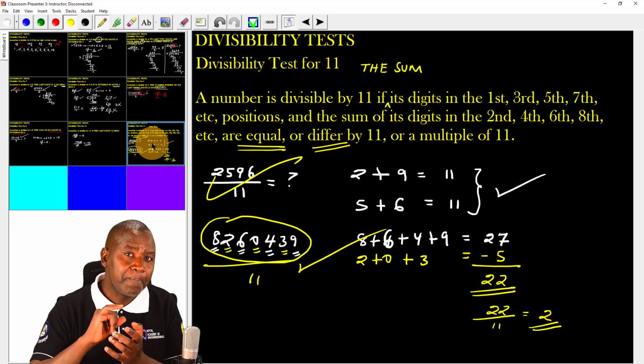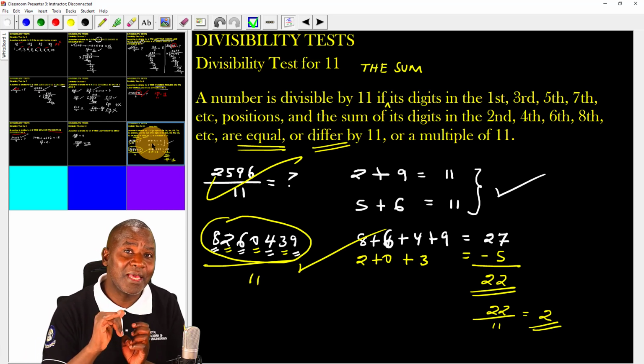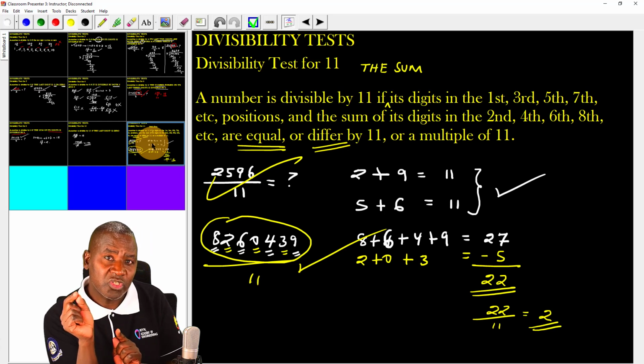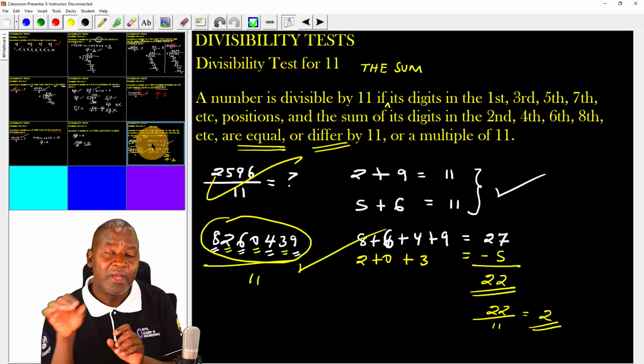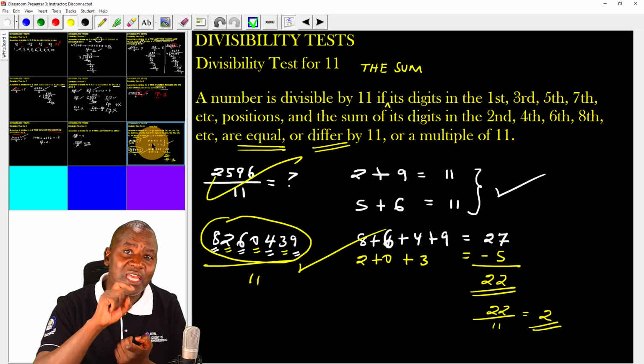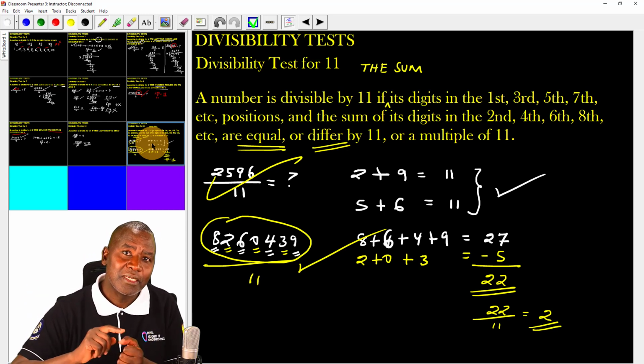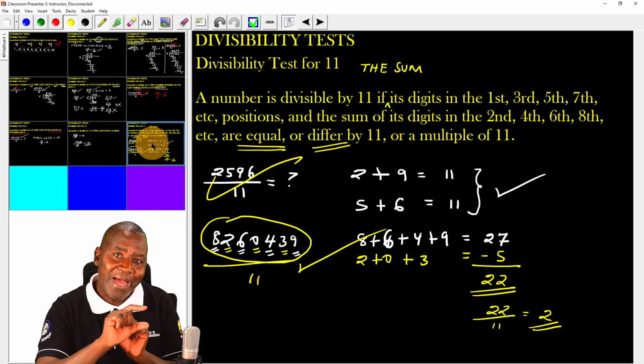Those are the odd numbers. So you look at the numbers in those odd positions, and then you add them up. Then you look at the numbers in the even positions, that is 2, 4, 6, 8, 10, 12, and so forth. And then you add them.